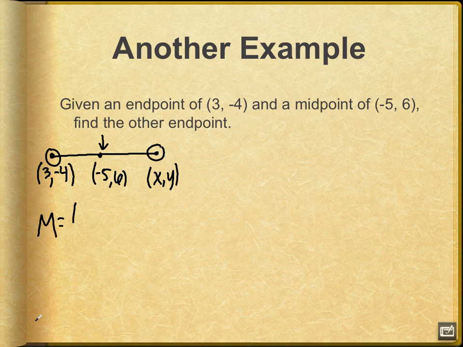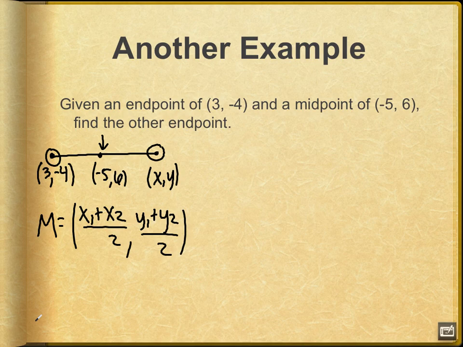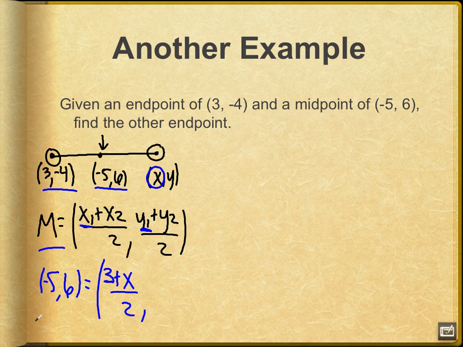I'm going to start by writing the midpoint formula. This is always a good way to start, just to give yourself a little direction. And now I'm going to fill in what we know. We know the midpoint, so that's (-5, 6). And we know one endpoint, that's this one. So I have 3 add x over 2, and then -4 add y over 2.